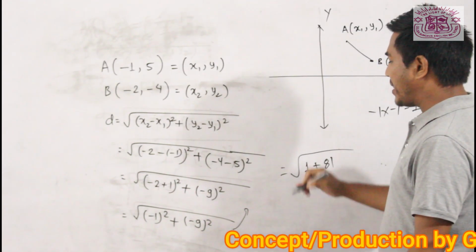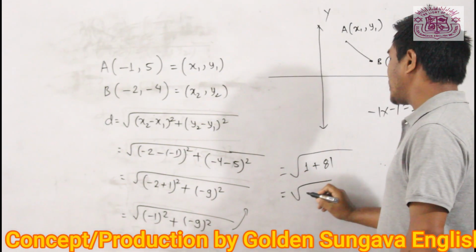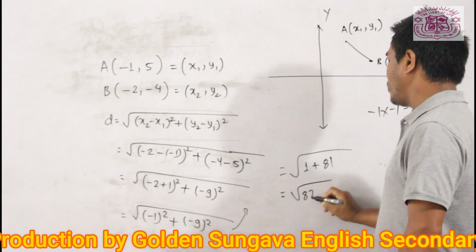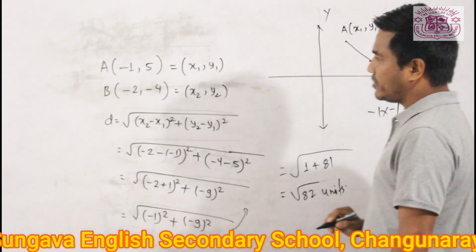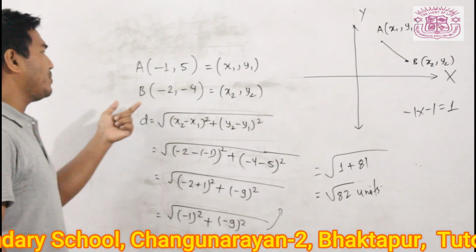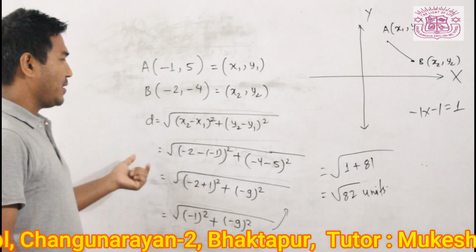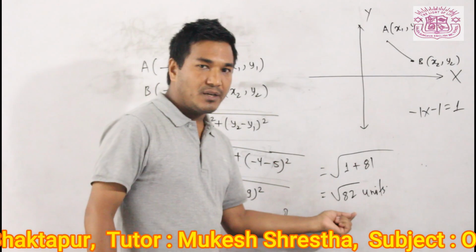So finally you got 1 plus 81 is what? 82. And you have to also write units over here. So the distance between the two points A minus 1 comma 5 and B minus 2 comma minus 4 is root under 82 units. Okay, have you got that?